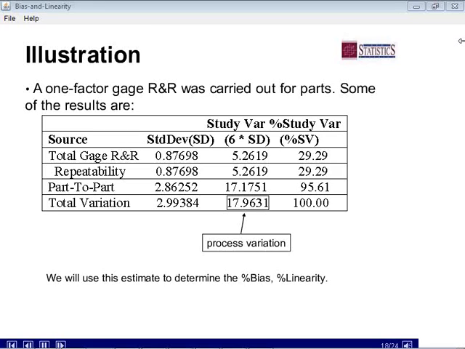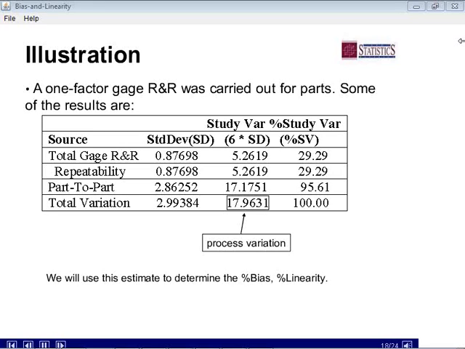Source: you've got total gauge R&R, you've got repeatability, part to part, and then total variation. Notice we don't have reproducibility, but we only had one operator. Okay, if we had more than one operator doing this, we could include reproducibility also.